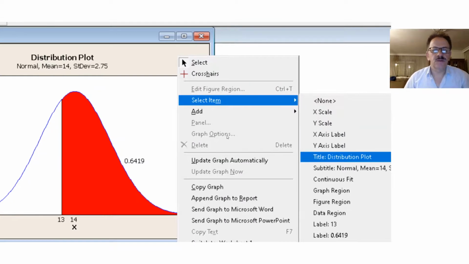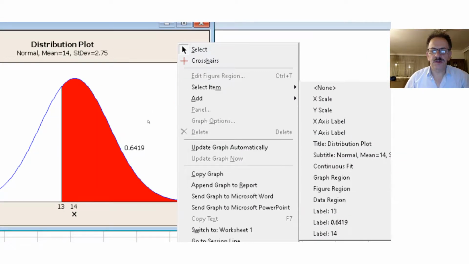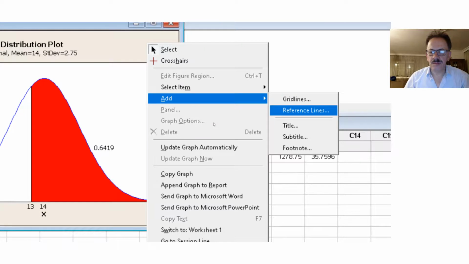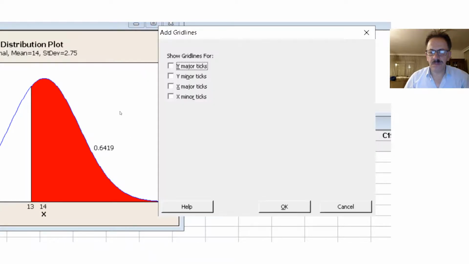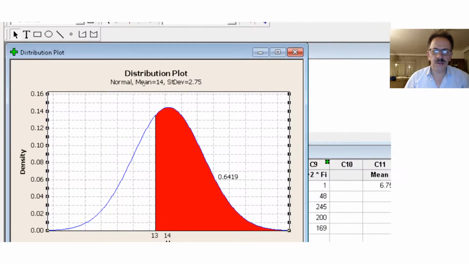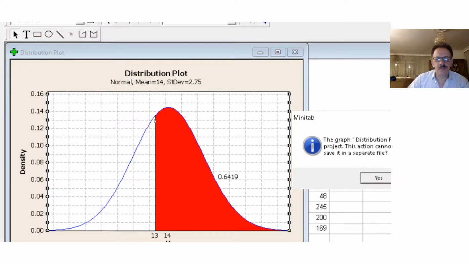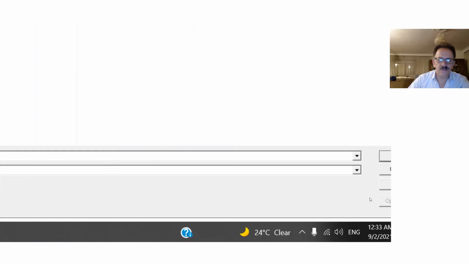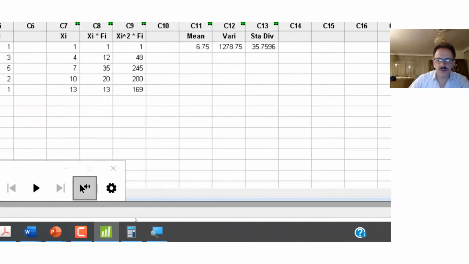Just go back and select the item. I want to add gridlines: x major, x minor, y major, y minor, and okay. Then this is the density and this is the x. And just save it. Please save it in the same project, and I will save it here.